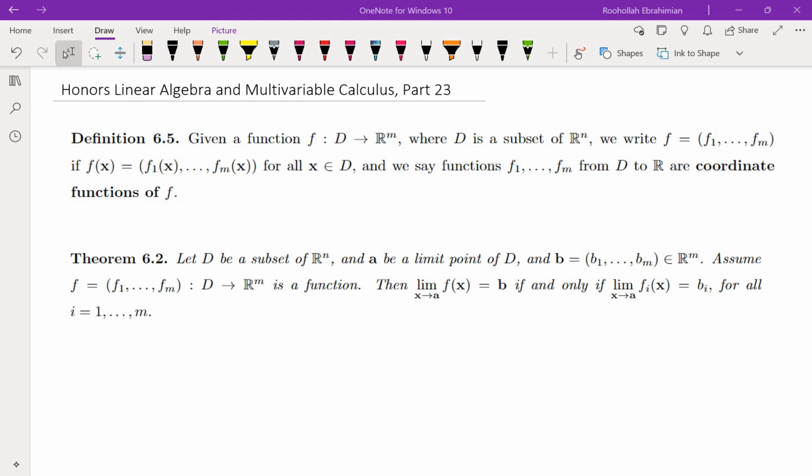Given a function f from D to R^m, where D is a subset of R^n, we write down f as f1, f2, all the way to fm, and each of those fi's is called a coordinate function of f.